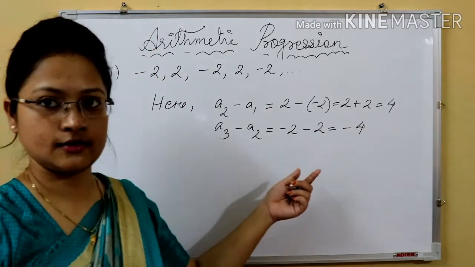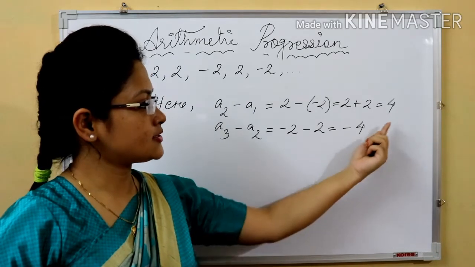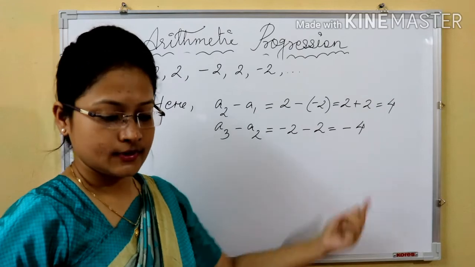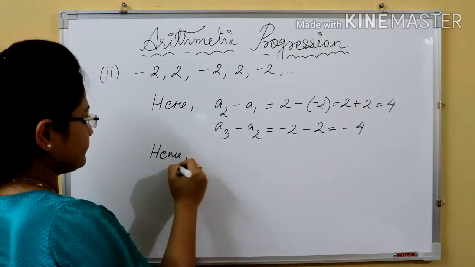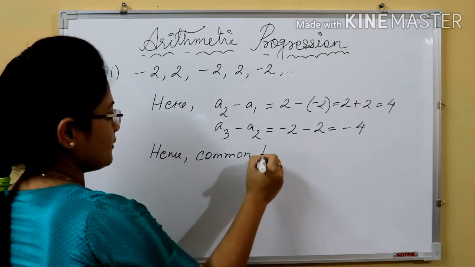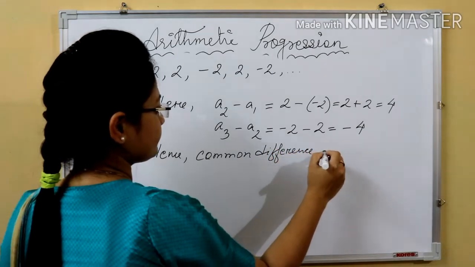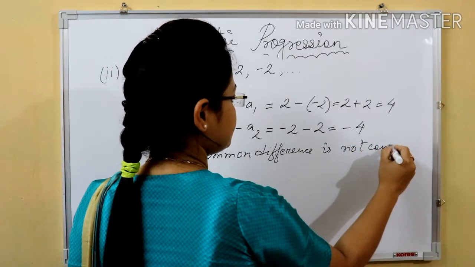So what we can see here is that the common difference in this case is not the same. So what we can write, hence the common difference is not constant.